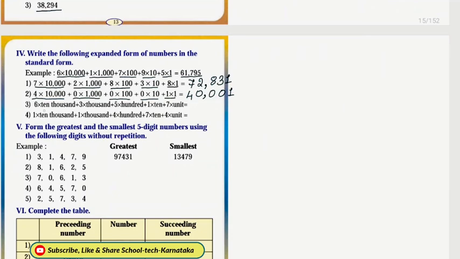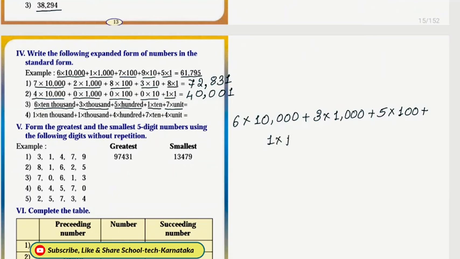And the third one is 6 into 10,000, 3 into 1000, 5 into 100, 1 into 10, 7 into unit. This is 6 into 10,000 plus 3 into 1000 plus 5 into 100 plus 1 into 10 plus 7 into 1.